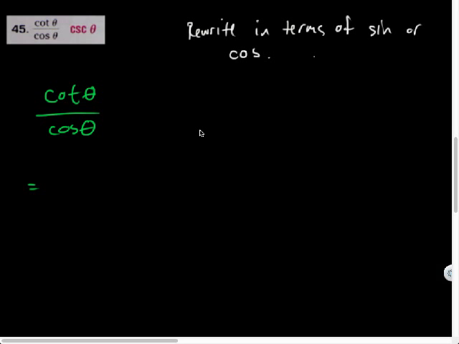Pythagorean identity would be helpful if I had a cotan squared, and even then that would only write it in terms of cosecant. So what trig identity would rewrite cotangent in terms of sine and cosine? Yeah, that's one of the quotient identities there.